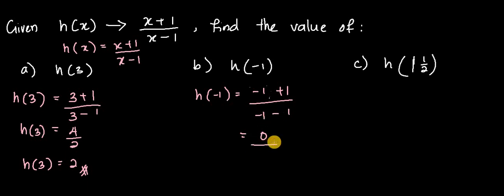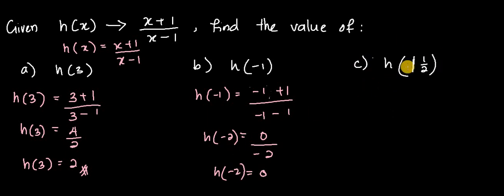Over negative 1 minus 1, you would get negative 2. So 0 divided by negative 2, you would get your answer as 0. You can check this in your calculator. So h(negative 1) inside this equation means you will get 0.